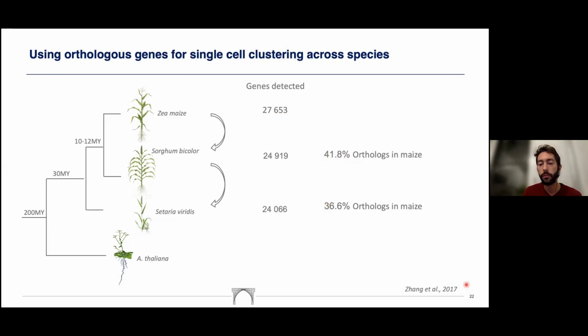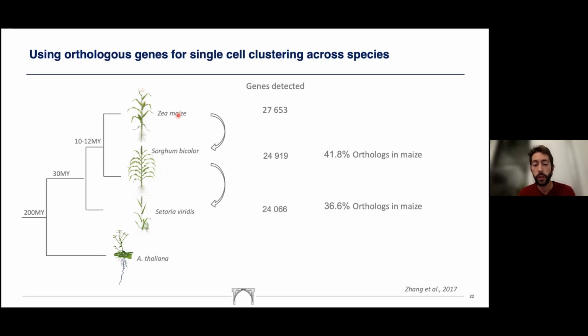We used previously very well-made studies where they were looking at orthologs across multiple grass species. And so we wanted to see if we were able to use these orthologous genes to map the Setaria and sorghum dataset into the maize one.